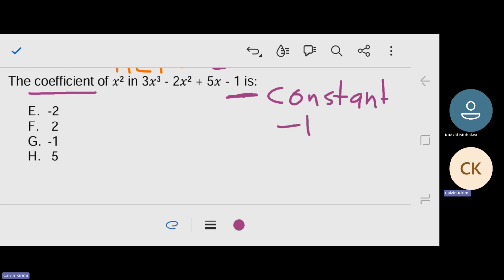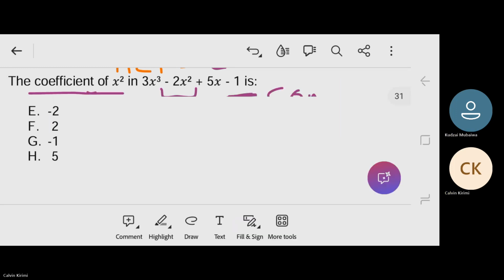All these others have x. But we want the coefficient of x squared, so I check my expression for x squared. What is the number in front of x squared? -2. That is the coefficient. Any question? No, sir.